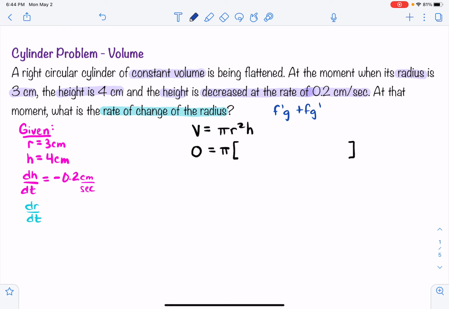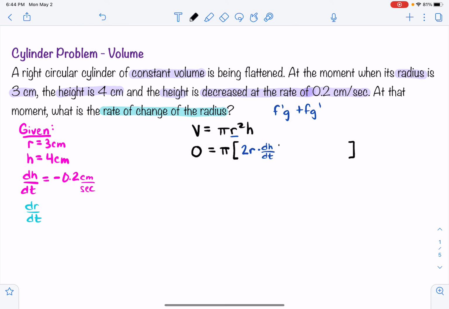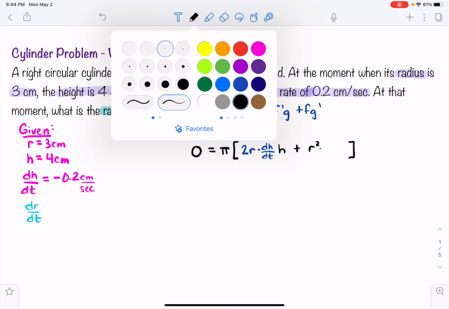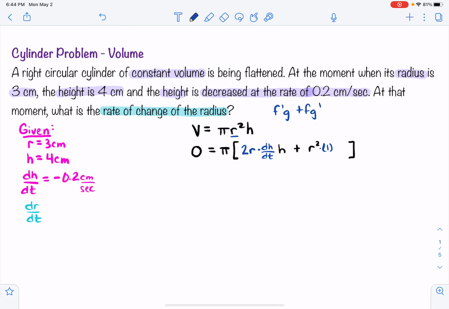So if I take the derivative of my f, which is r squared, that would be 2r times dr over dt, times h, plus f, which is r squared, times the derivative of h, which is 1 times dh over dt.